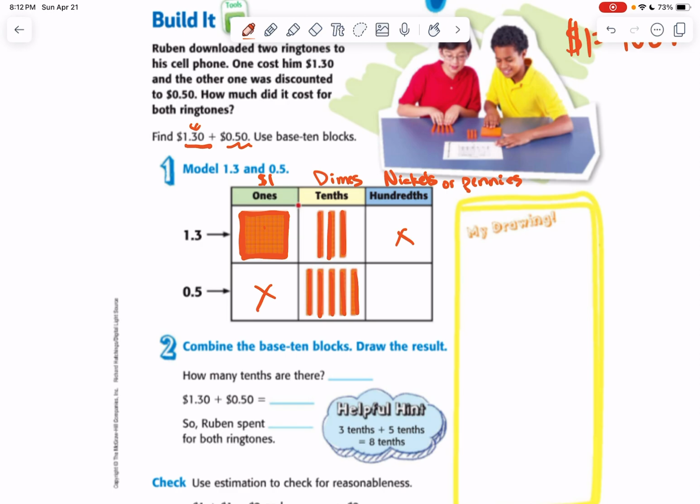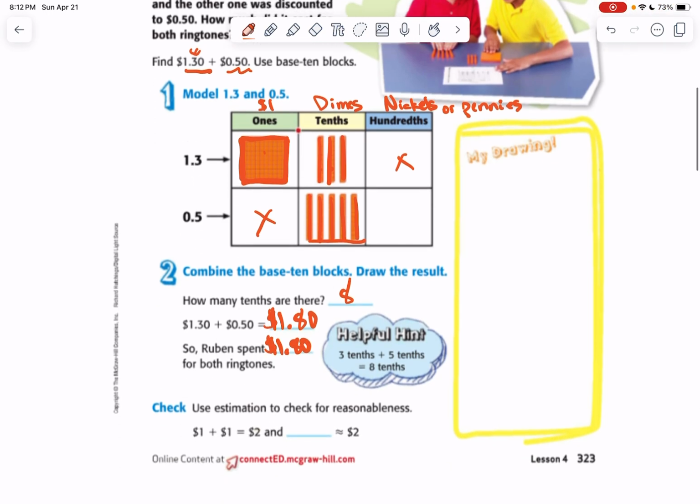So how many tenths are there in all? Well, we have 5 here, 6, 7, 8. There are 8 tenths, and we have only 1 whole. So that is 1 whole and 8 tenths. We'll put the 0 to represent 0 hundredths since it's money. Ruben spent $1.80 on ringtones. Oh, I hope he got some good ones.